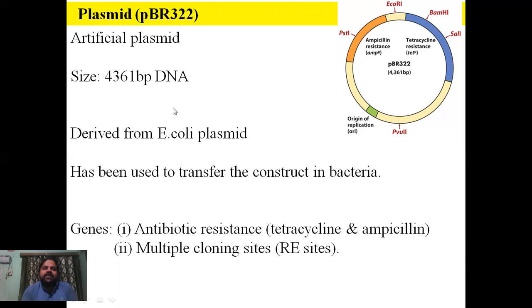And this is an artificial plasmid, and this plasmid has been derived from E. coli bacteria, and the size of this plasmid is 4361 base pairs, and it has been used to transfer the construct in bacteria.